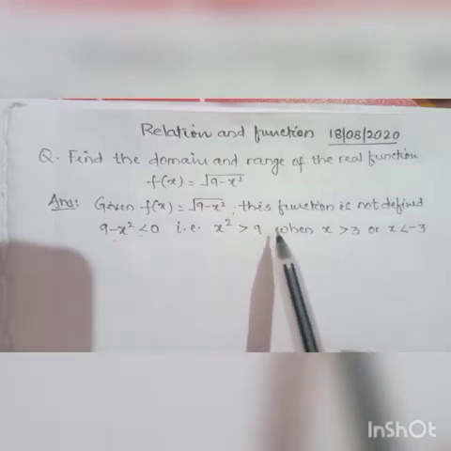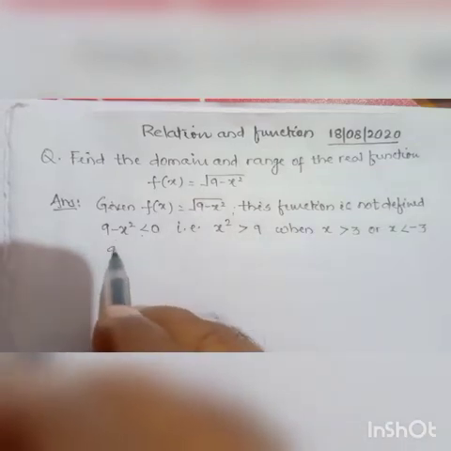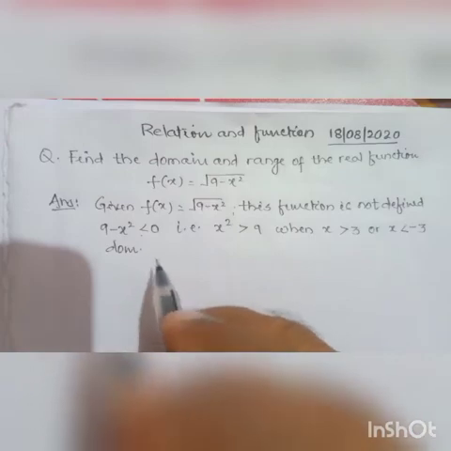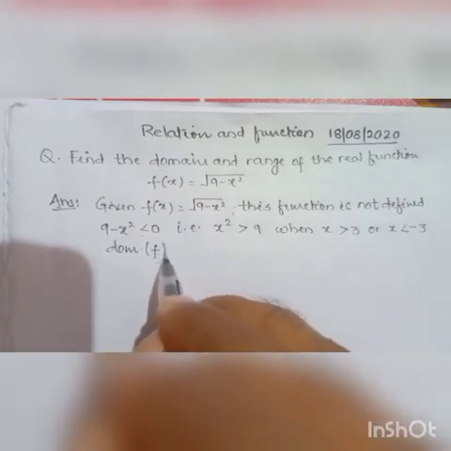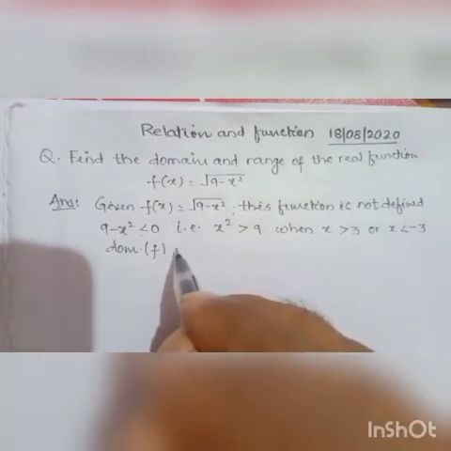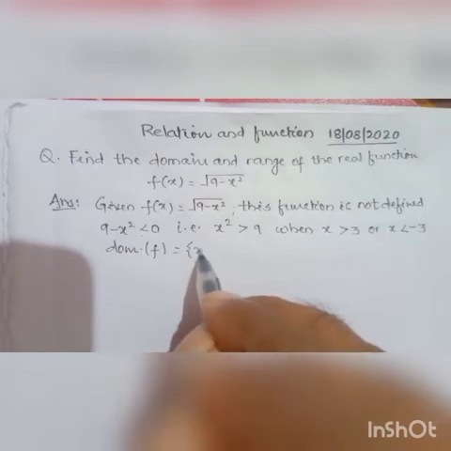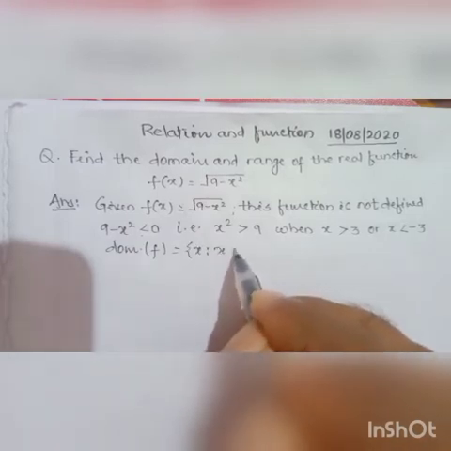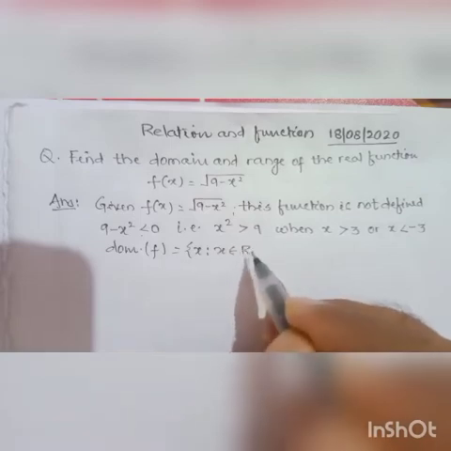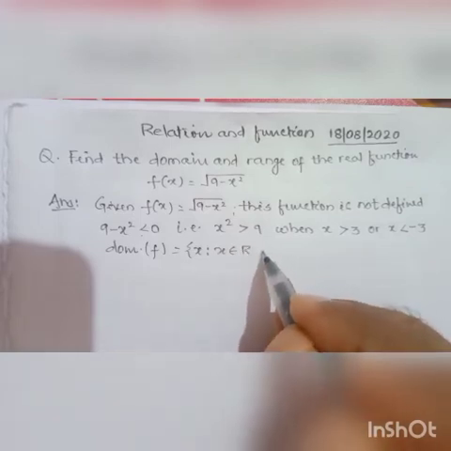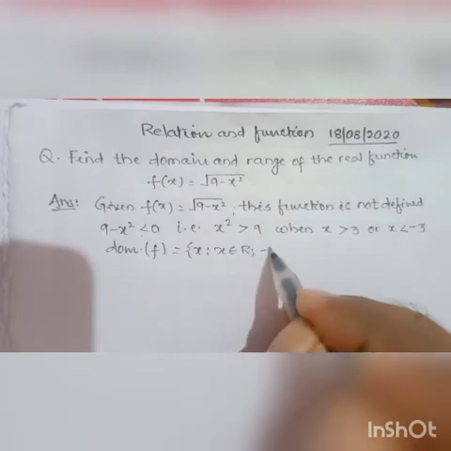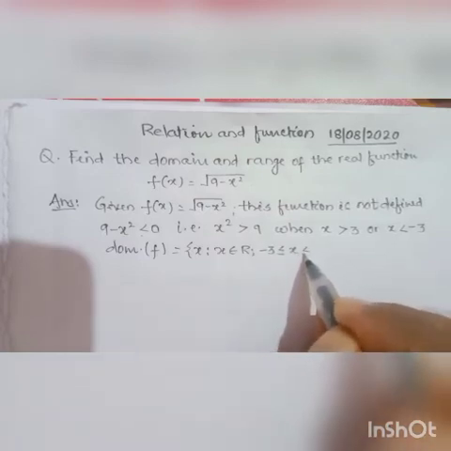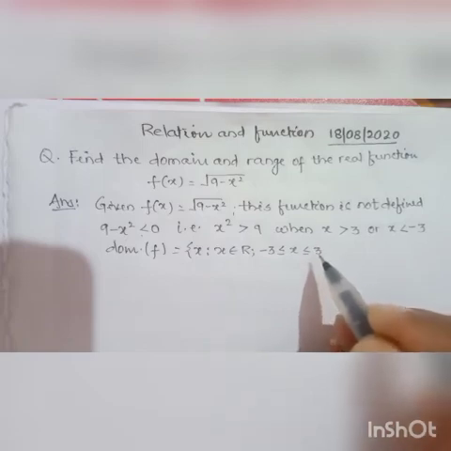So the domain, you may write directly: domain of f is written as x such that x belongs to real numbers and minus 3 less than or equal to x less than or equal to 3.